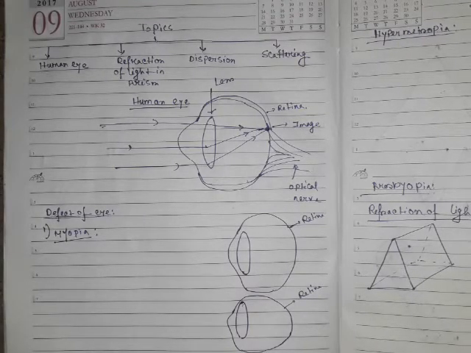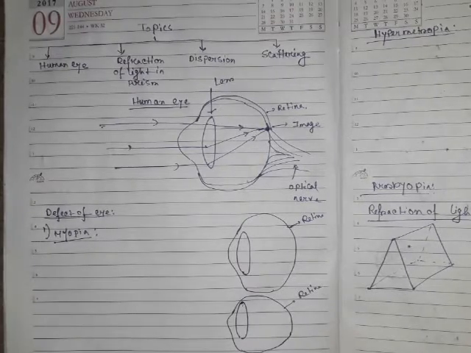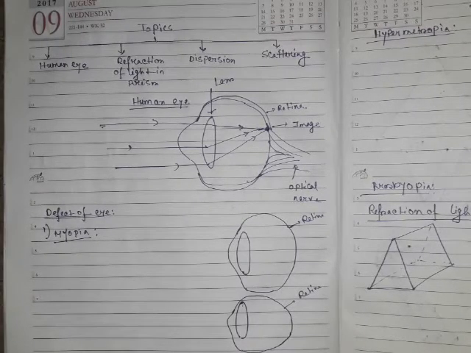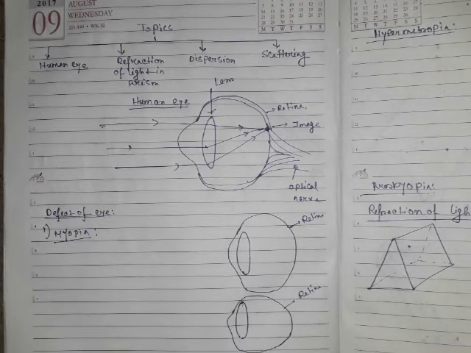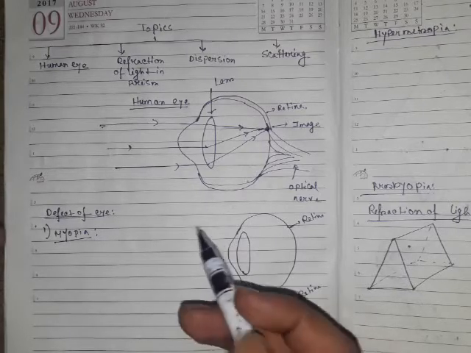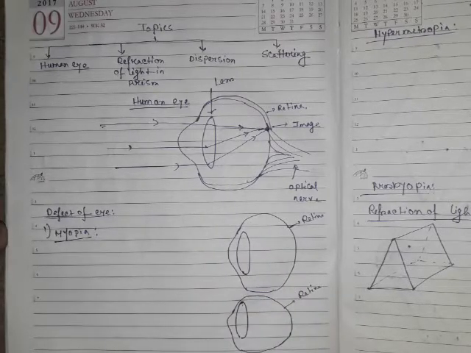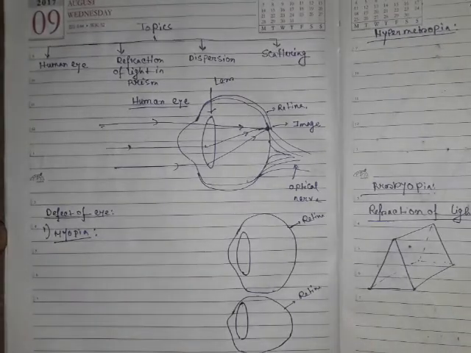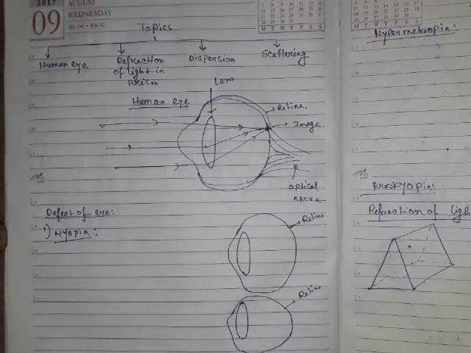Okay, so let's start with the human eye. Without going deep into the physical structure of the human eye, let me tell you about its working principle, how it actually works. To know the working principle, we just have to know the basic structure of the human eye.